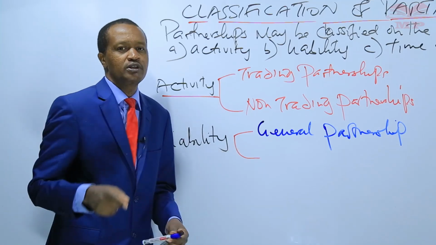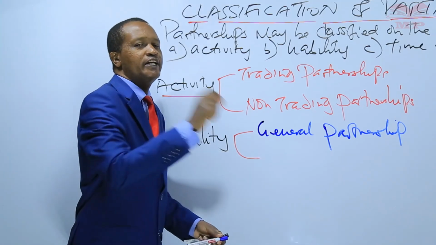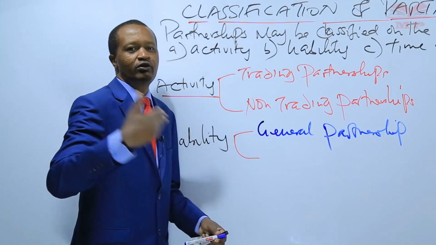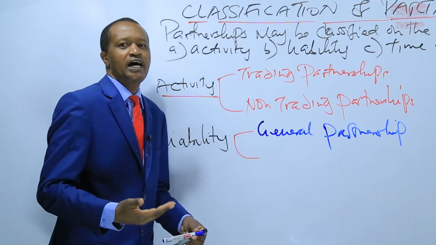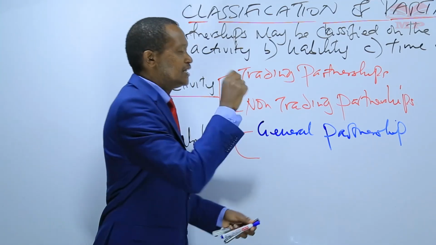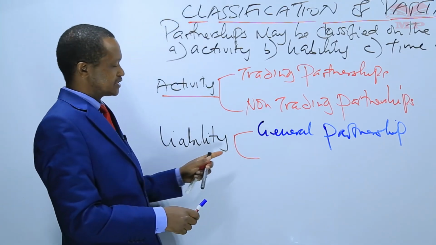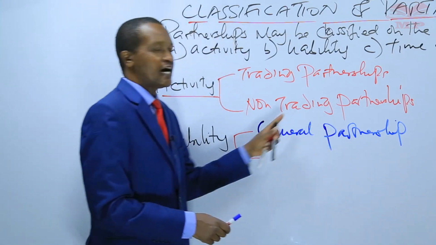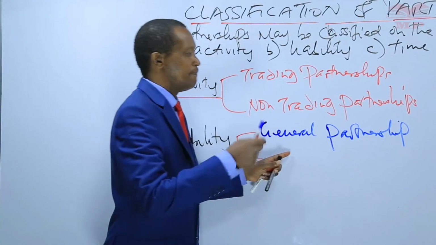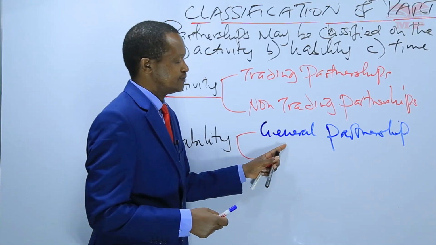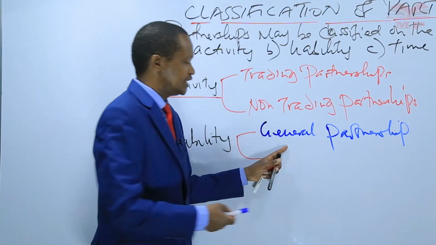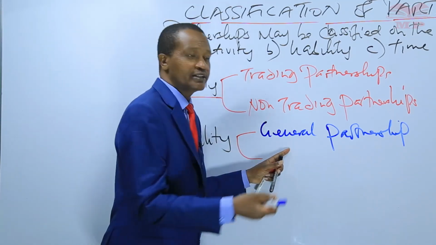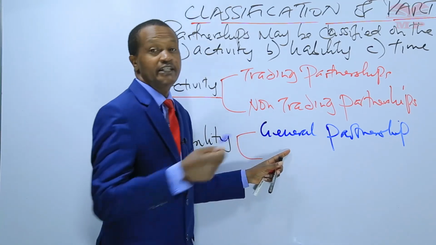In such a partnership, the properties of the individual partners may be used to clear the debts of the firm, as all partners have unlimited liability. That means that in case the firm is sued, then all the properties of the partners can be sold to pay the debts of the firm.